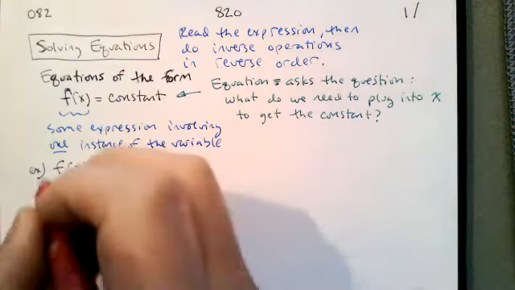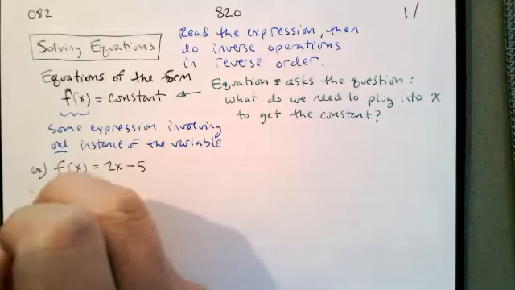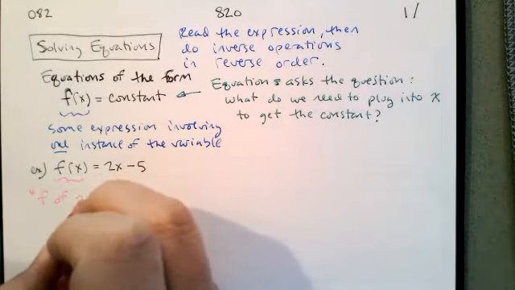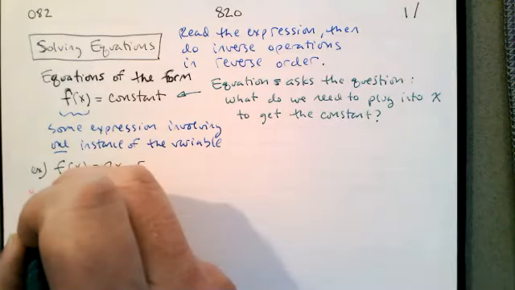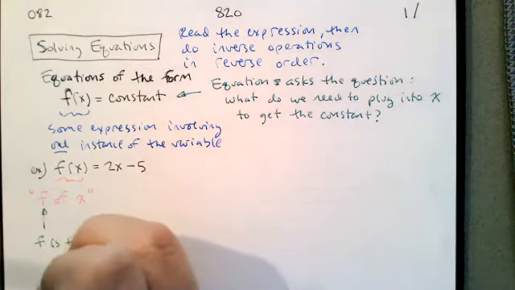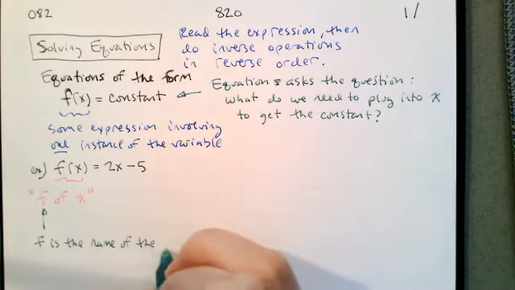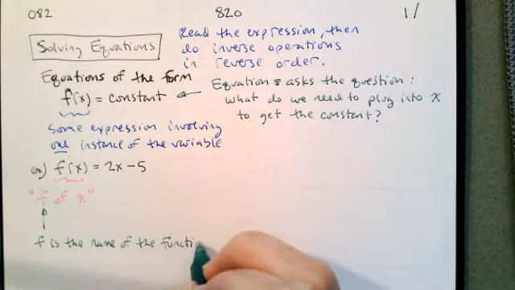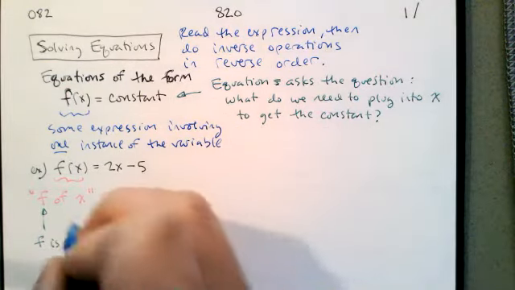Remember to pronounce this symbol, we say f of x. f is the name of the function, and x is the variable that we use in the function.